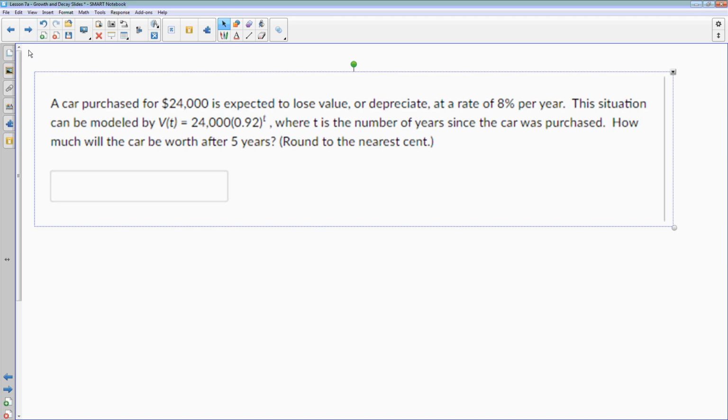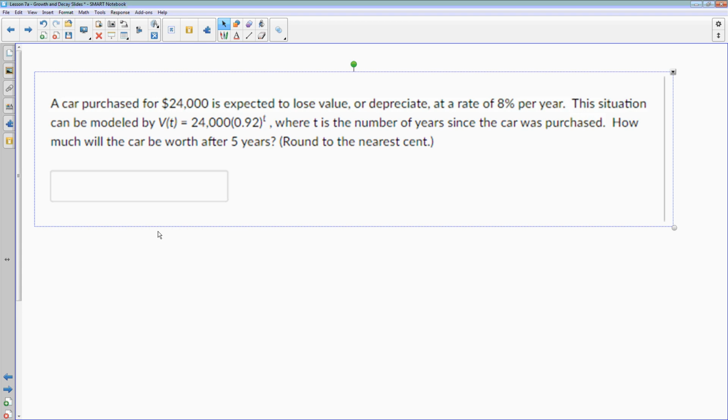The second one is very similar, but just a different function here. So a car purchased for $24,000 is expected to lose value or depreciate at a rate of 8% per year. This situation can be modeled by V of t equals 24,000 times 0.92 to the t. Notice they've already done the math for us, the 1 minus that 0.08. That's where they got the 0.92 from. Where t is the number of years since the car was purchased. How much will the car be worth after 5 years?